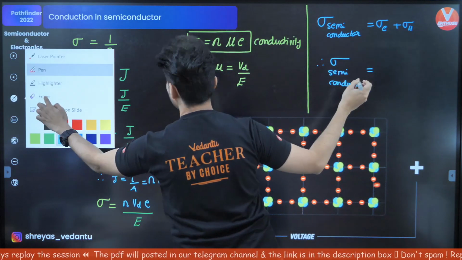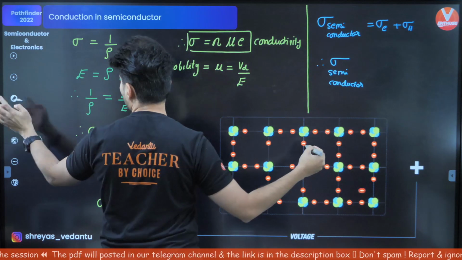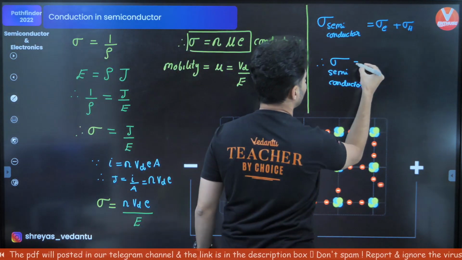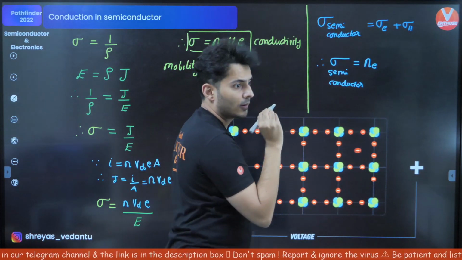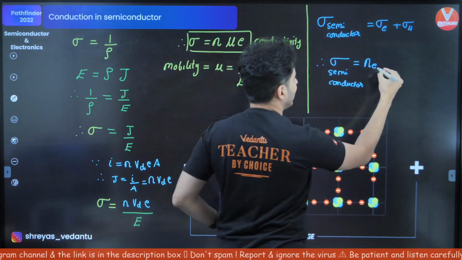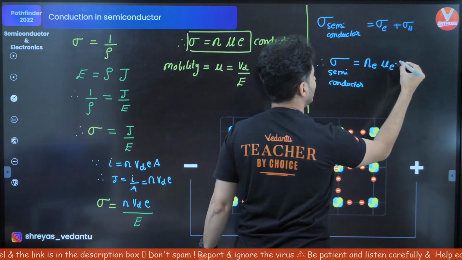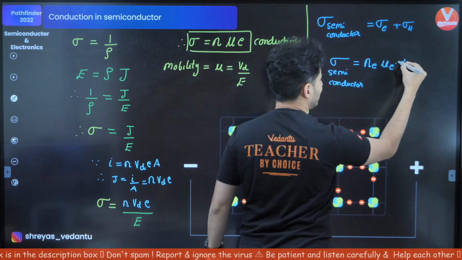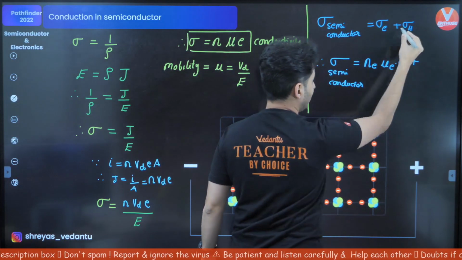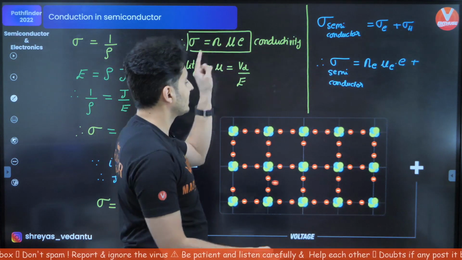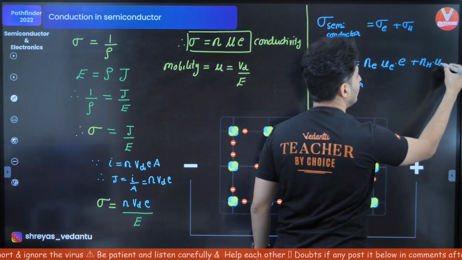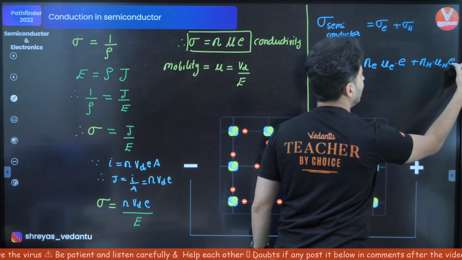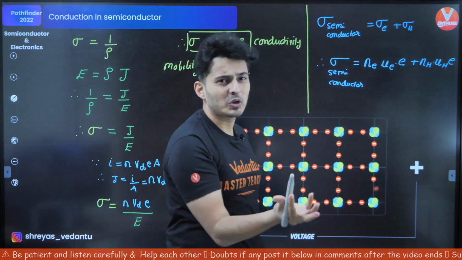Okay, just one second, let me get some space over here. So this will be n as in electron concentration, mu as in mobility of electrons, e is the charge of the electrons, plus sigma for holes: number of hole concentration, into mu for holes, the mobility, into the charge of the hole, which will also be e.